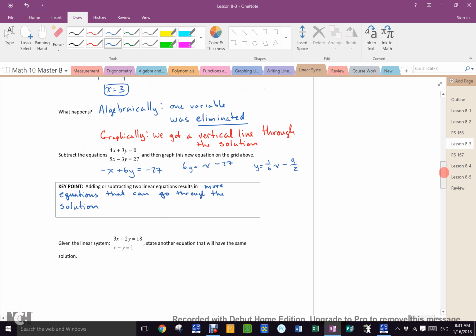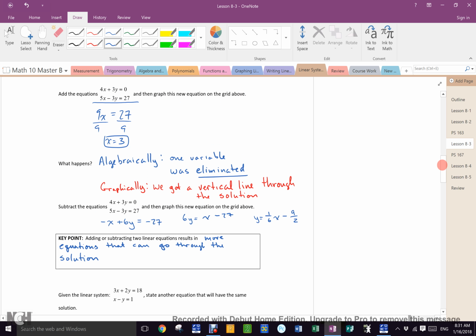Now, of all the things we did, add, subtract, multiply, and of course, if we multiply, divide works too, everything on the graph still worked, right? We always went through the same solution.